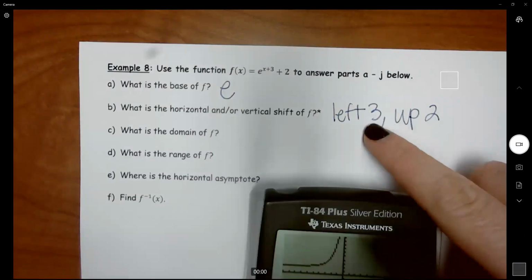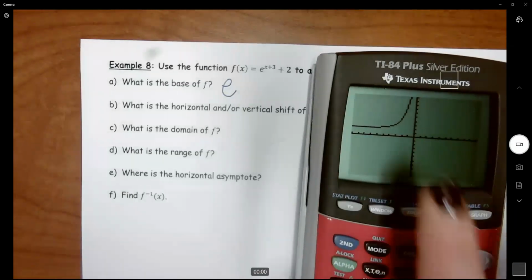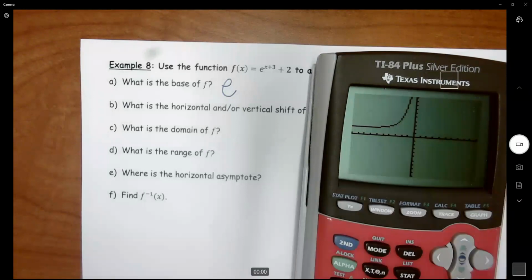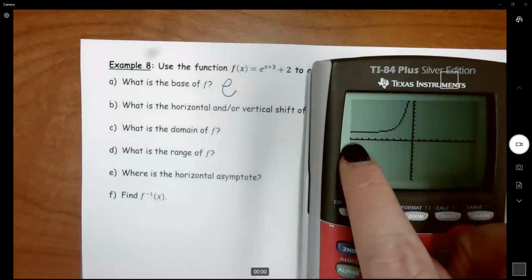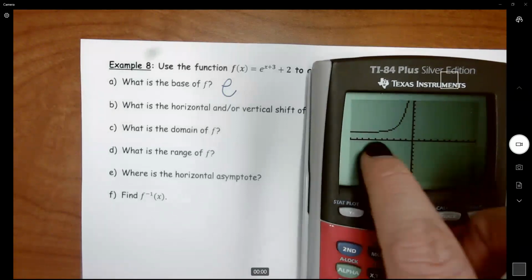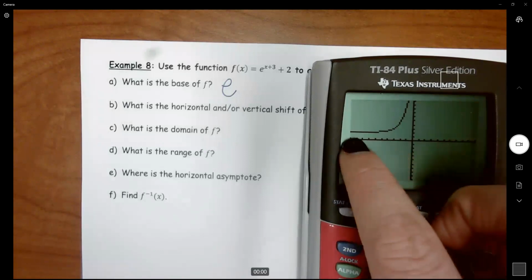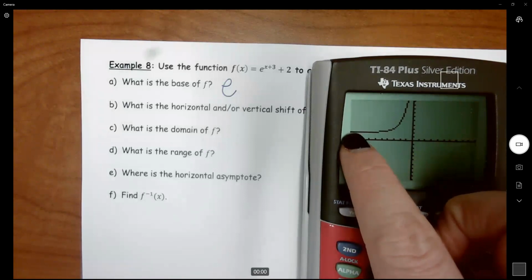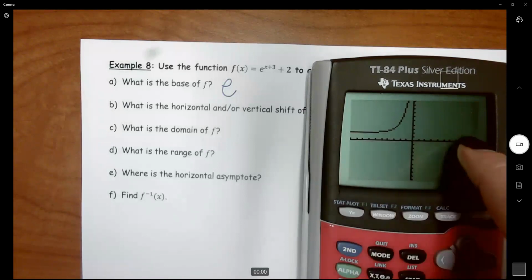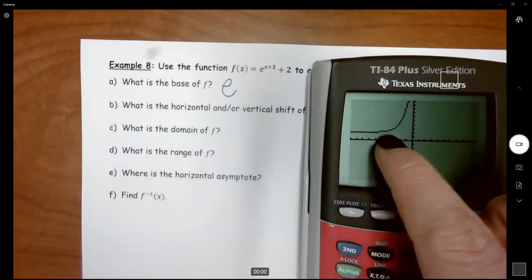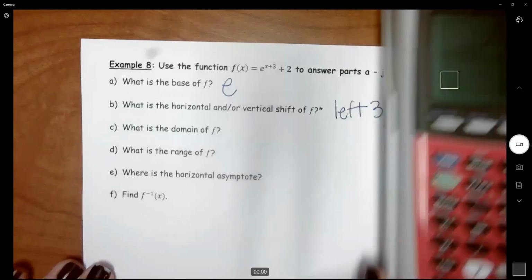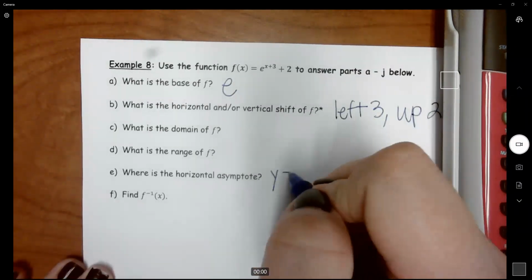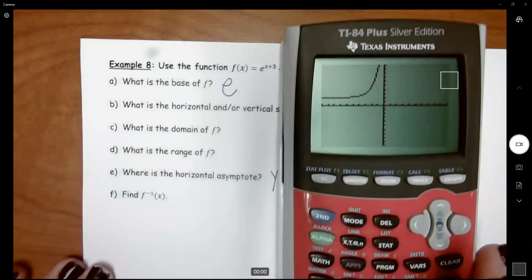And as we said, it goes left 3 up 2, and so we can see it has been shifted left 3 and up 2. So usually it has that horizontal asymptote right here, y equals 0, because it shifted up 2. Your horizontal asymptote has also been shifted up, and you have a horizontal asymptote at y equals 2.